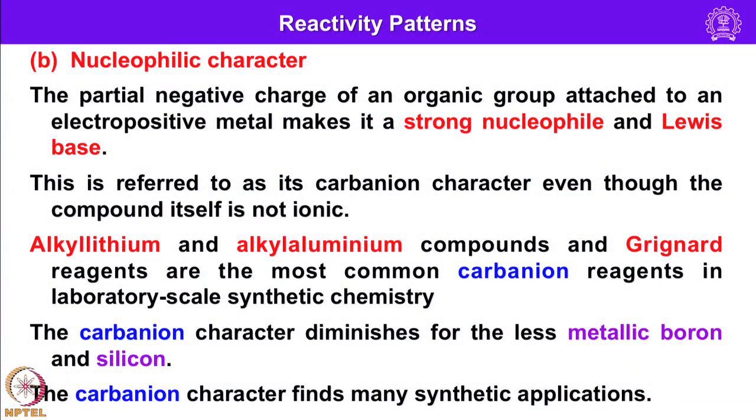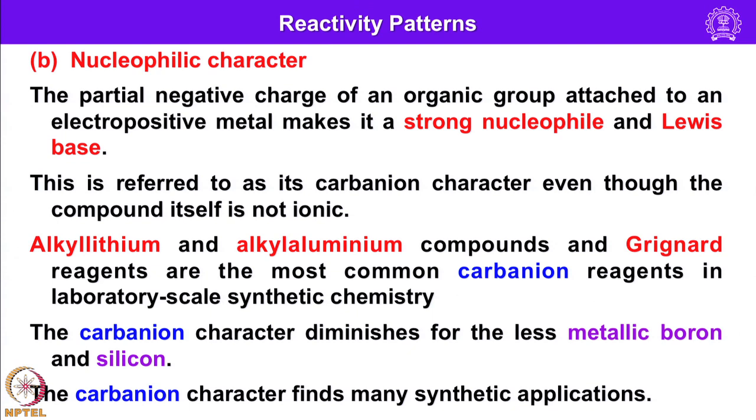So, as a result, they cannot really increase their coordination number from 4 to 5 or 6. As a result, at room temperature they do not react readily, and they require elevated temperature to initiate combustion, so that they can be handled in air. The combustion of many organometallic compounds takes place by a radical chain mechanism. So, let us look into the nucleophilic character of some of these reagents.